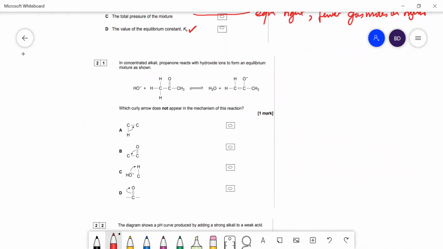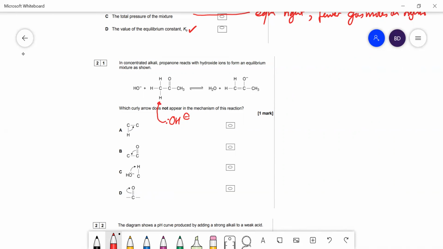In concentrated alkali, propanone reacts with hydroxide ions to form an equilibrium mixture as shown there. Which curly arrow doesn't appear? What's going to happen here is we can see we've lost a hydrogen, and we formed a double bond there. So the OH minus is going to act as a base and remove that hydrogen.